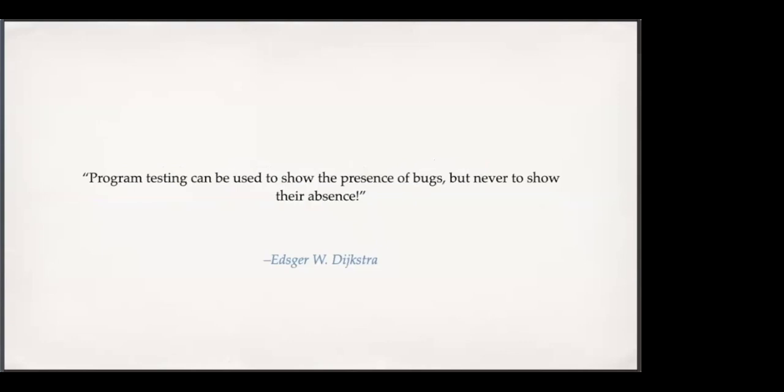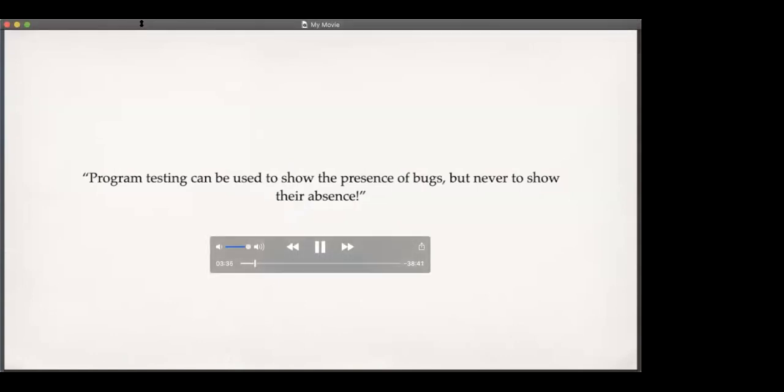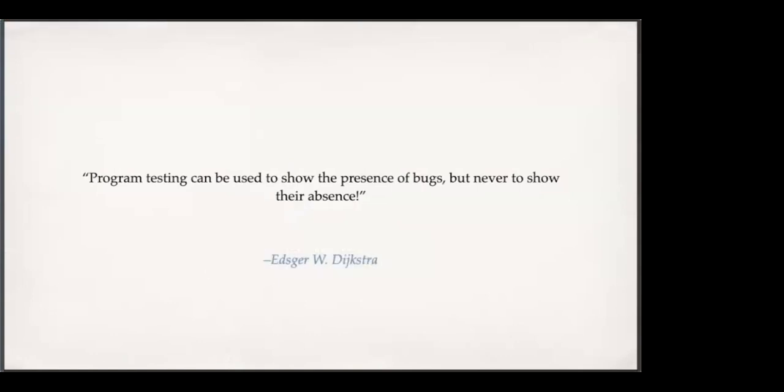Because as Dijkstra said, program testing can only show you the presence of bugs. It can never show you their absence. This is why a lot of people tend to not want testing departments to be called quality assurance. We all know that we can't assure quality, so why call it quality assurance? We can make sure that it reaches a certain level.